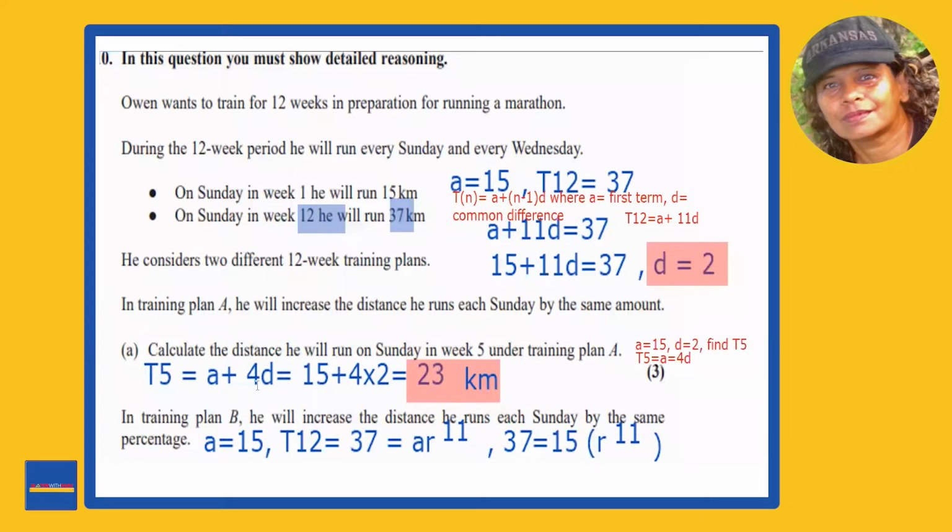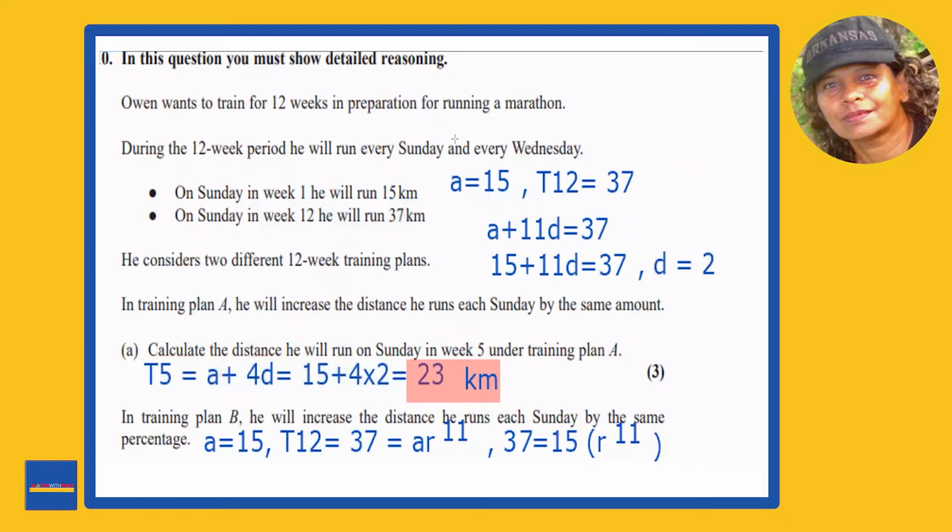So we substitute: a is 15 plus 4 into d, which is 2, and we have 23. So that's how we find the distance that has been run in week 5. That answers our part A.